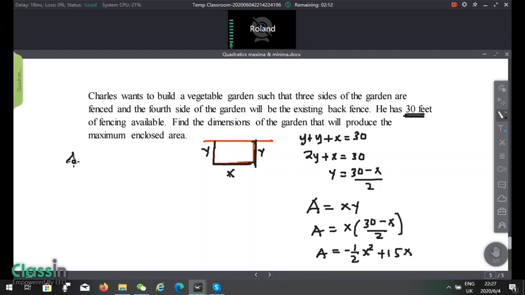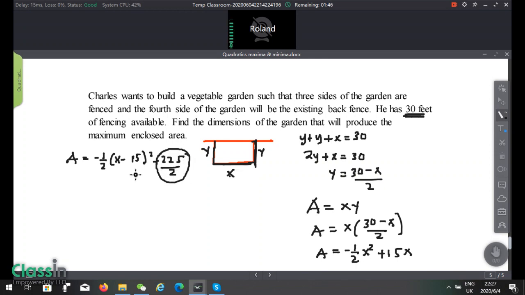If we complete this square, we have negative 1 over 2 x minus 15 all squared plus 225 over 2. So in this case, this is the maximum area, that is 225 over 2.